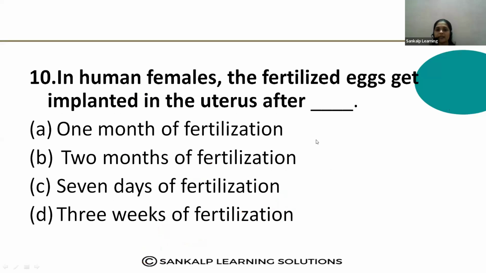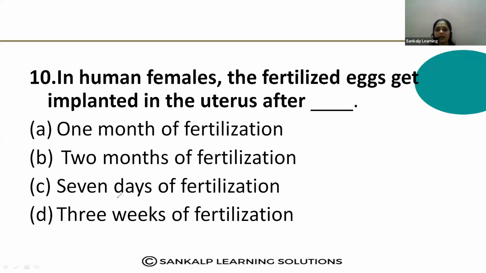In human females, the fertilized eggs get implanted in the uterus after... If the egg is fertilized with the sperm and forms the zygote, the zygote should move to the uterus for implantation. So within how many days will it take place?